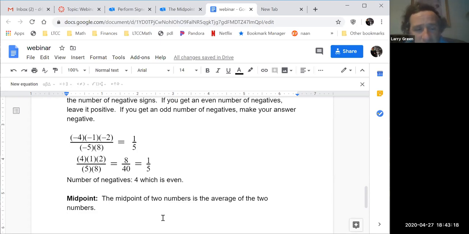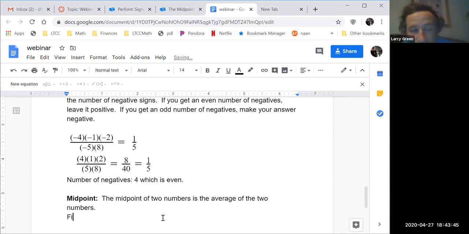I want to let you know this is really important, and it's a common mistake people make in stats. With two numbers, there's always 2, so it's add and divide by 2. It's just always divided by 2. But I want to mention something.